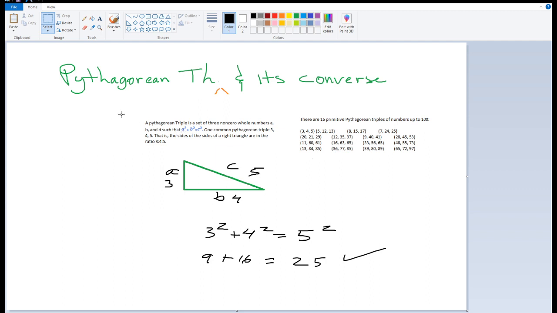The next thing, and this is the final thing, we need to look at is the Pythagorean converse.